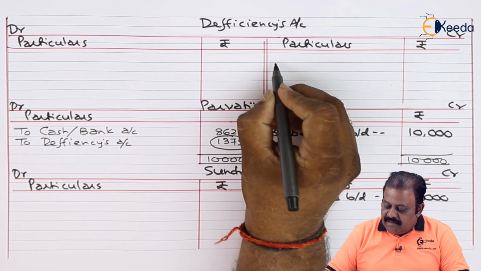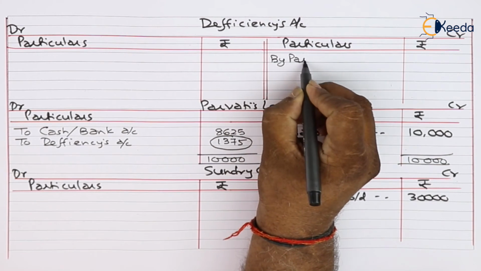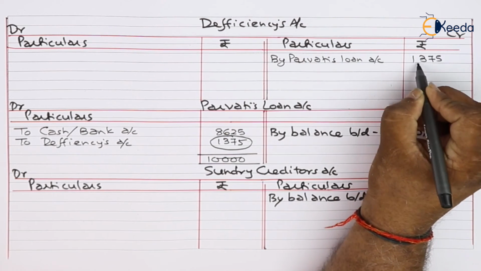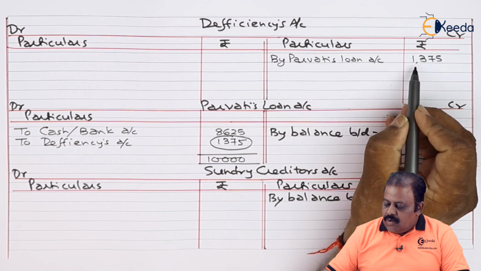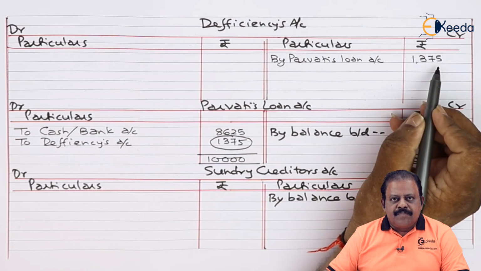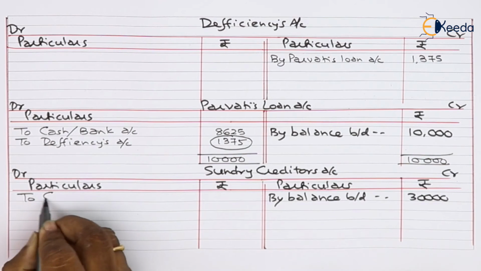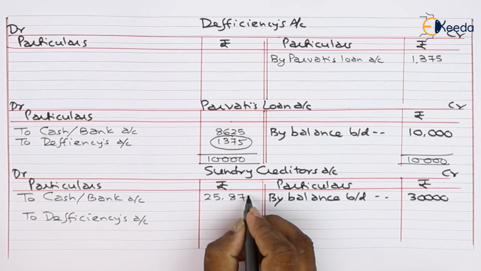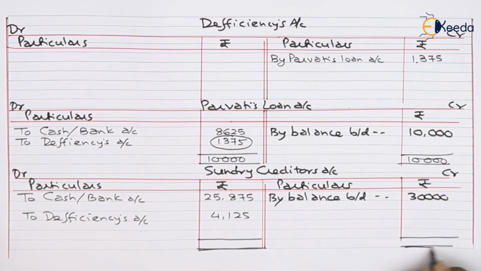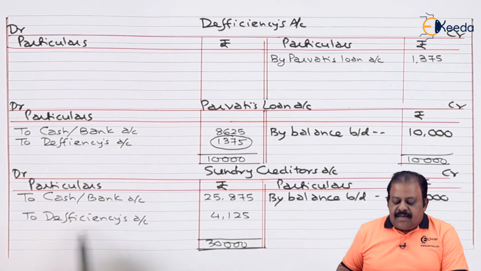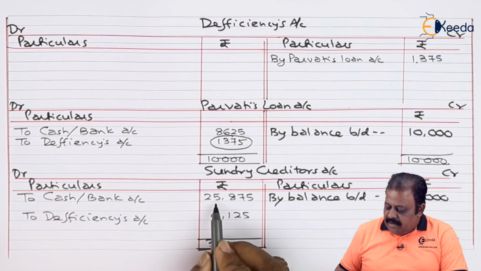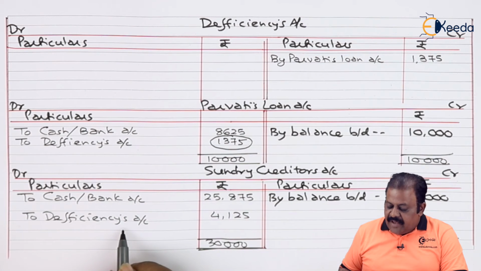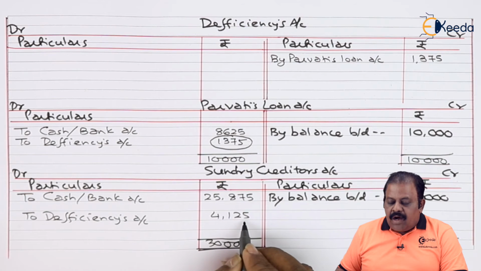In deficiencies account it will be recorded on the credit side, by Parvati's loan account 1,375. In creditors account, debit side to cash bank for amount paid 25,875. Amount remaining unpaid is transferred to deficiencies account, that is 4,125.